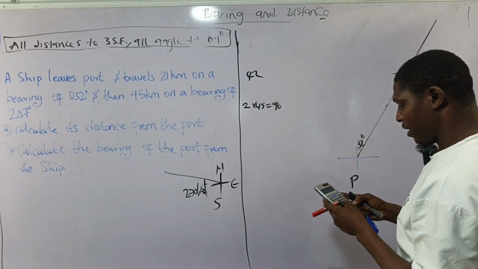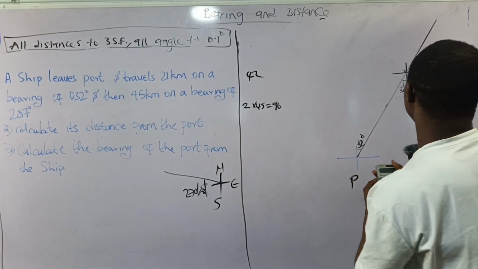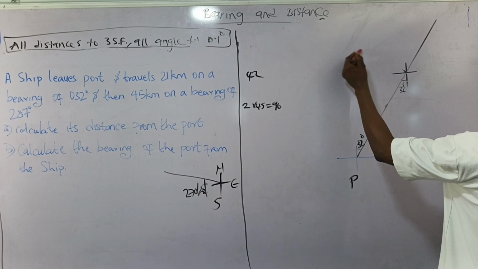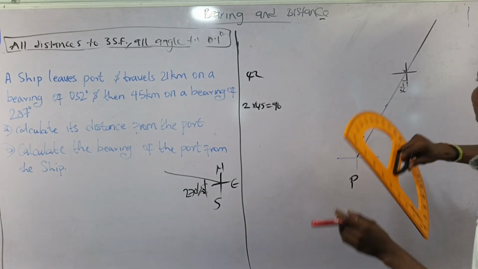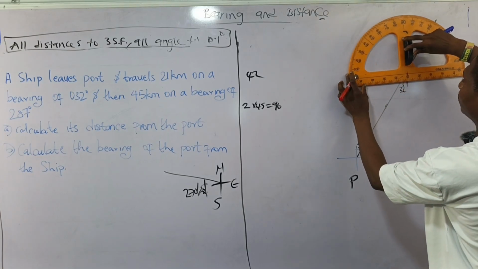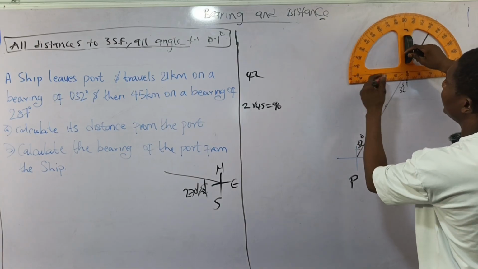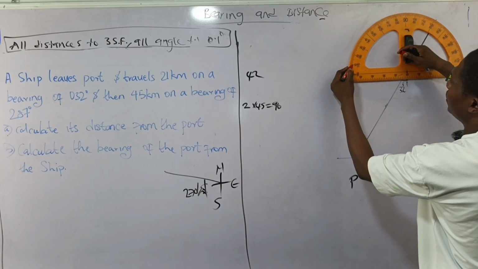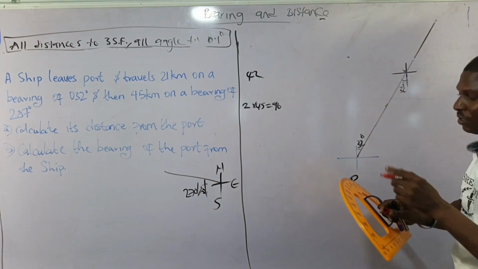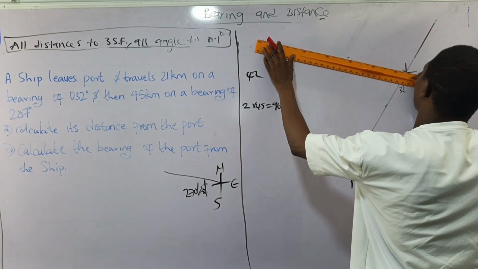So I have 287 minus 270. So I have 17 degrees here. Take notes. Take note, and then after getting to the first position, it changes course. That's the meaning.